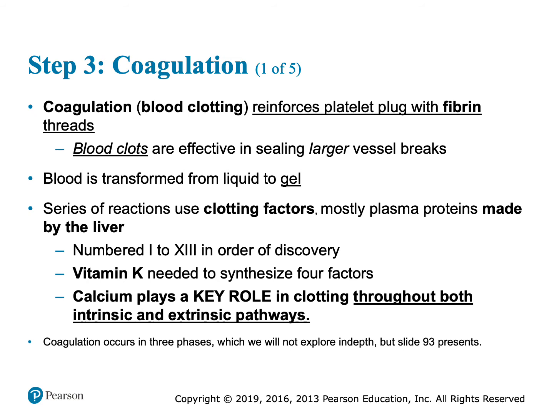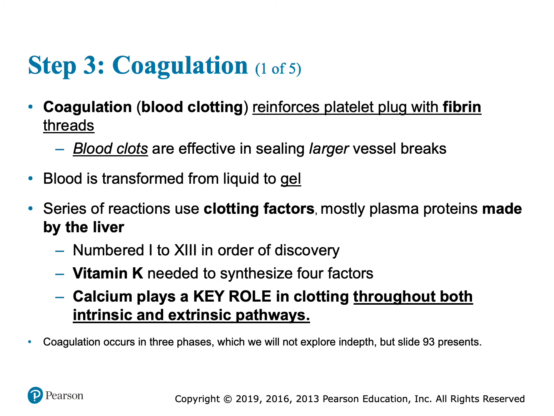So if we have hemostasis, we have stopped the bleeding. Sometimes you need a big old fat clot, a blood clot, and that is coagulation. It is going to reinforce that little platelet plug with fibrin and make that big mesh. So we need coagulation whenever we're having a bigger vessel break, more bleeding.